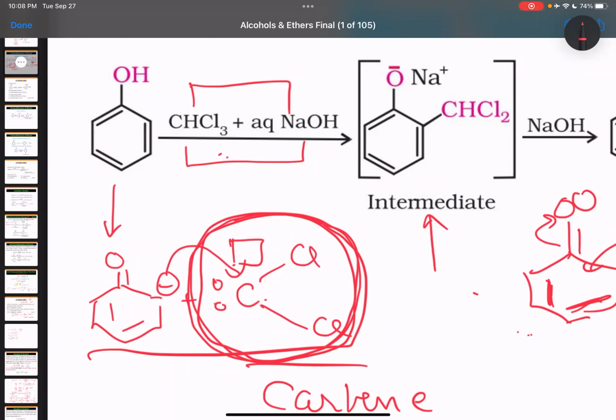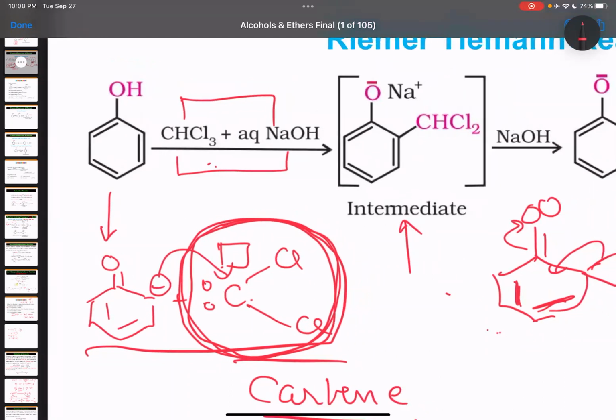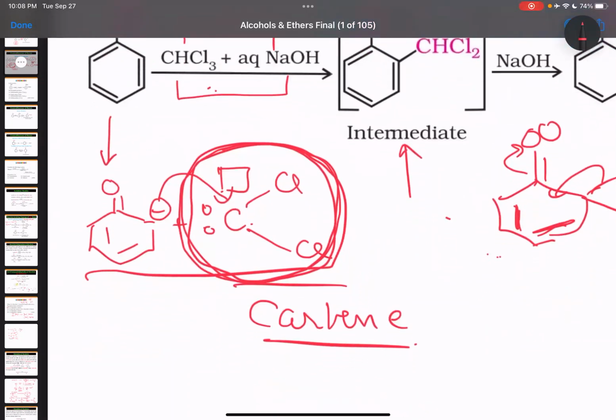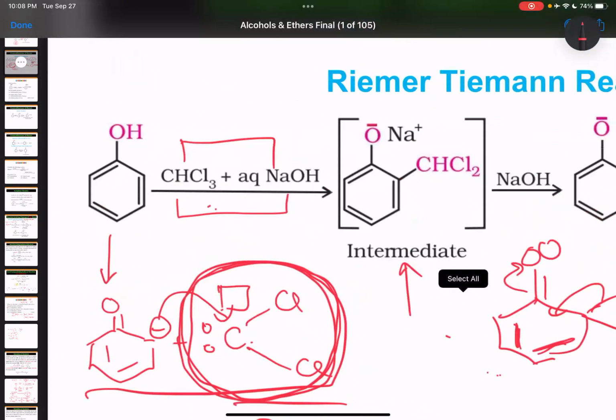Sir, when will the NaOH attack the phenoxide ion? NaOH attacks the phenol, it abstracts the H plus. You have this phenoxide ion formed, and phenoxide ion is a nucleophile and this is an electrophile.